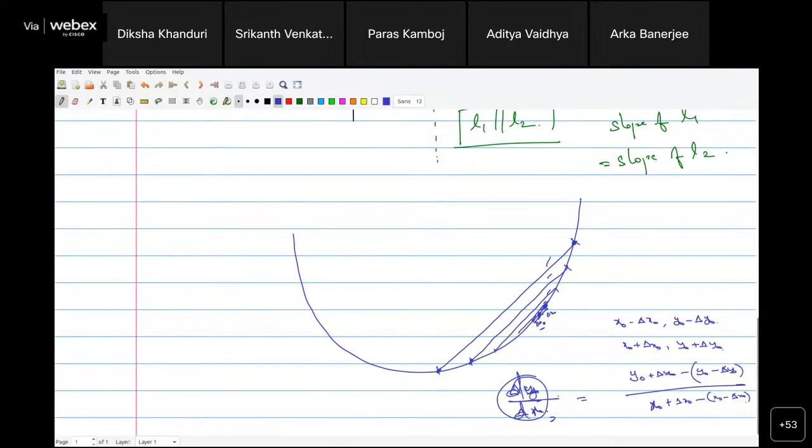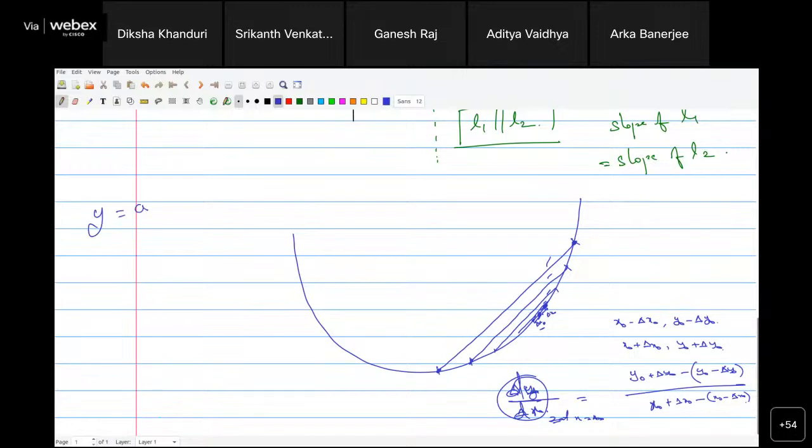If you know differentiation, it's like delta y by delta x, dy by dx. So the slope of the quadratic function at this point is actually dy by dx at x equals x naught.